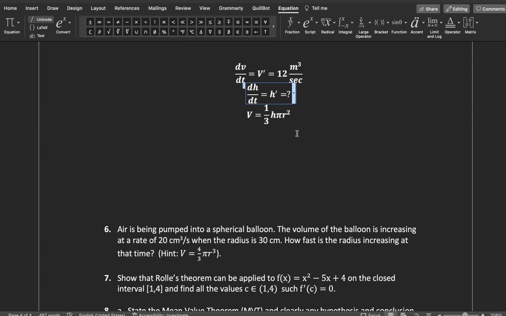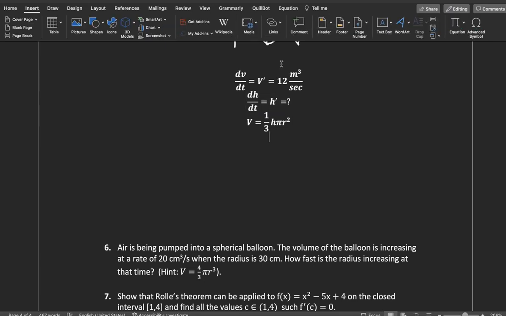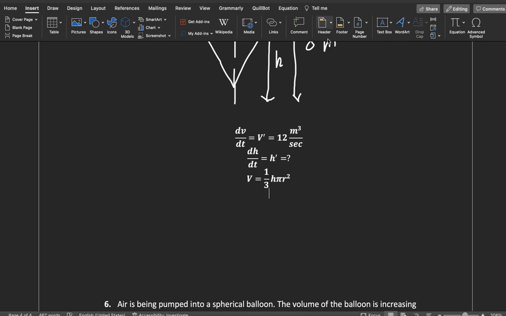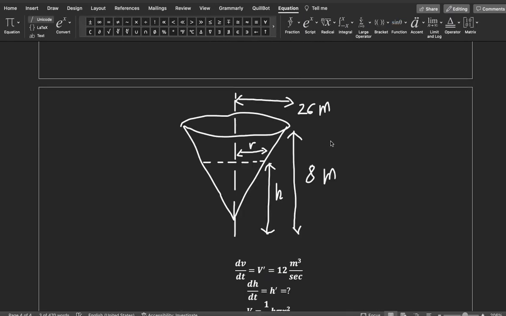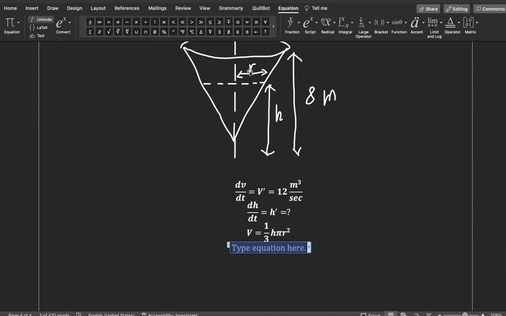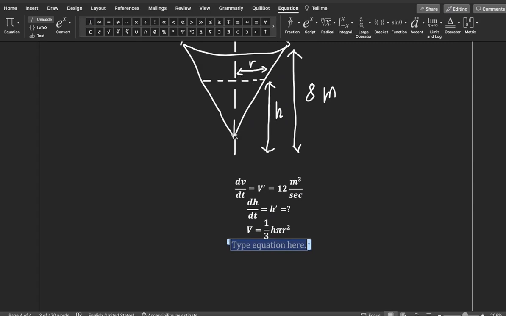If you use the concept of similar triangles, I'm sure you're aware of this.